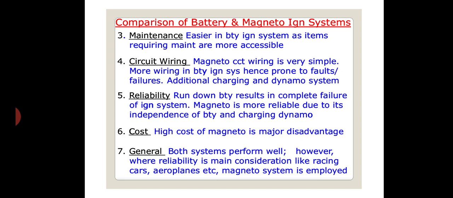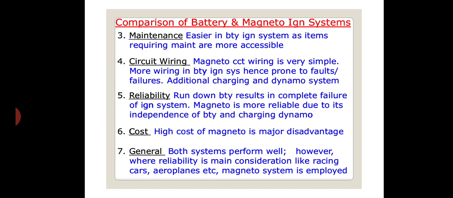Now next is reliability. A run-down battery results in the complete failure of the ignition system in the battery ignition system, but the magneto ignition system is more reliable due to its independence from the battery and charging dynamo.